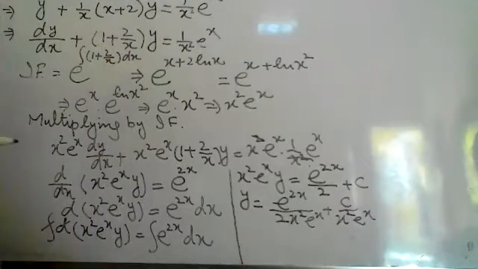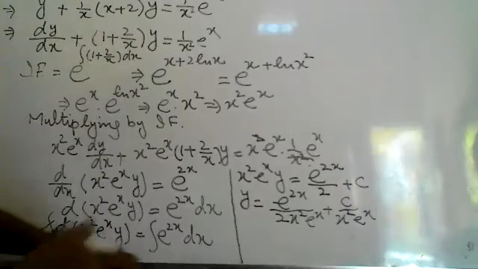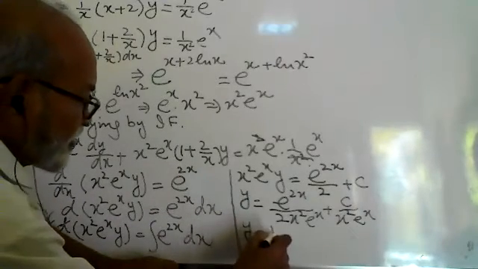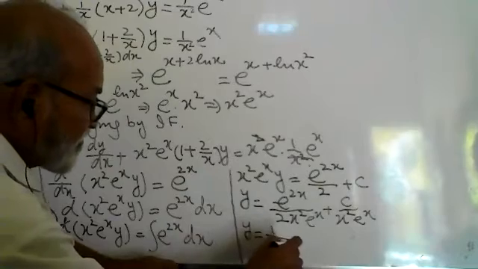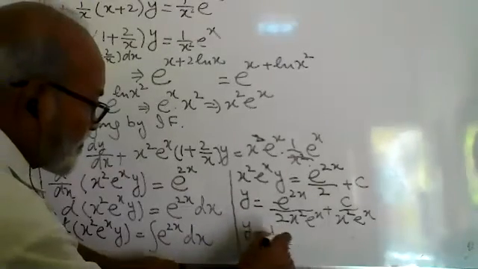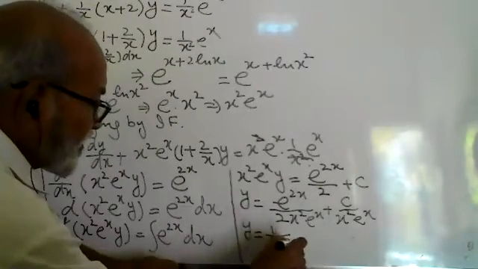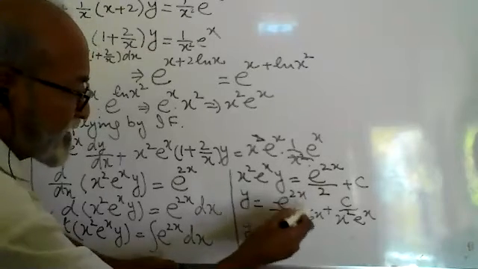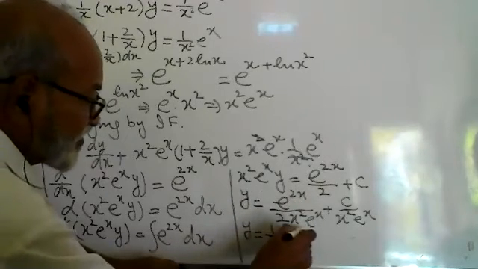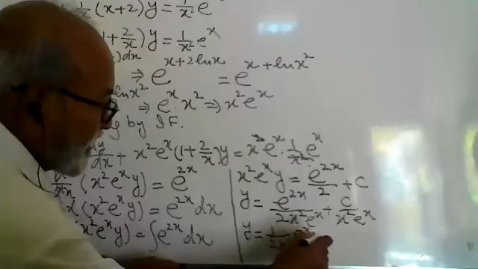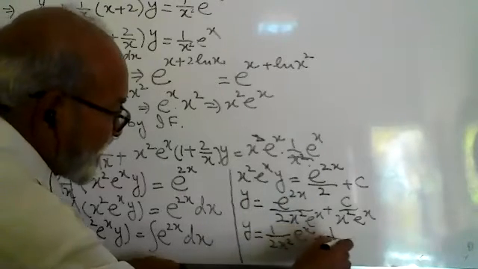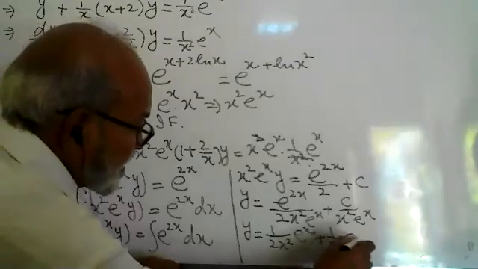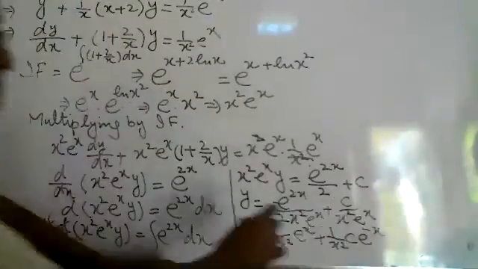You may divide this one also, or this will become 1 over 2 x square, and e raised to power x goes up so the sign becomes minus. 2x minus x will be e raised to power x, and that will become 1 over x square, plus c e raised to power minus x.